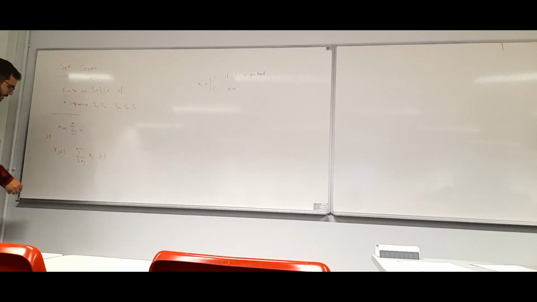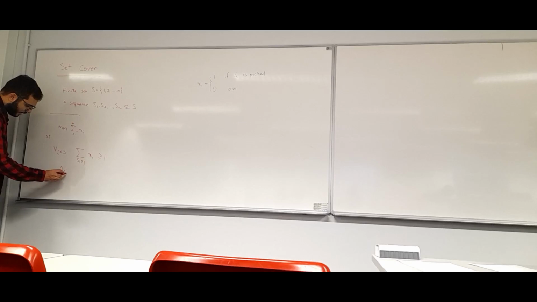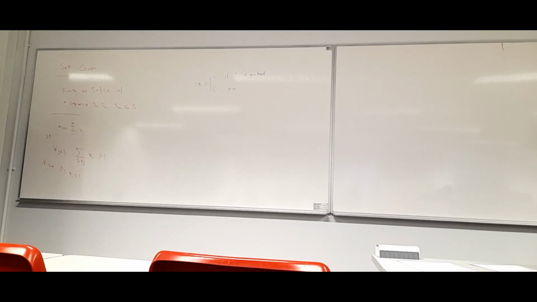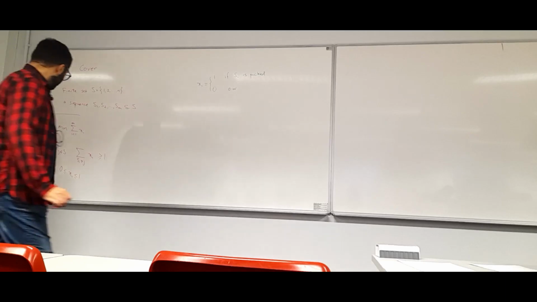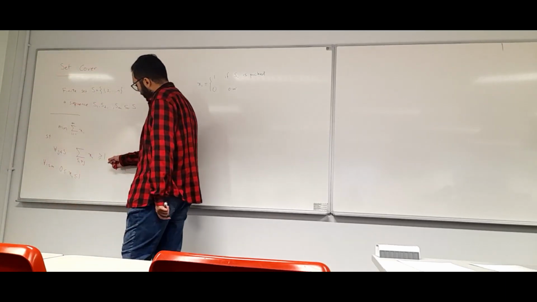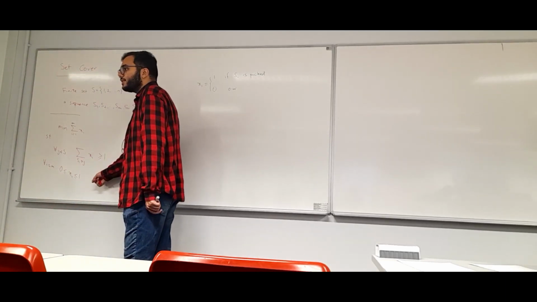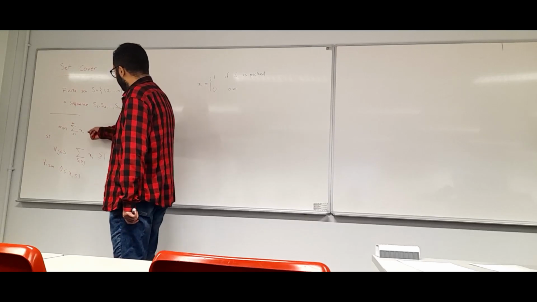And of course, as usual, we can also say that every xi has to be between 0 and 1. So this is for every i from 1 to m. So I have n constraints here and m constraints here. And I'm just minimizing this.